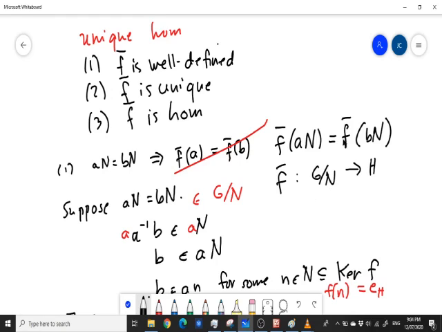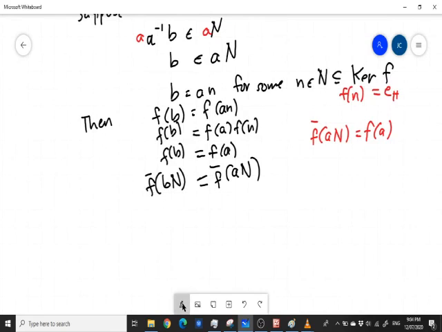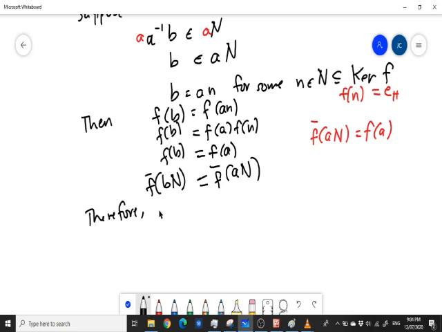We have shown that they have the same image under f bar. So well defined. Therefore, f bar is well defined. Okay, so that's for well-definedness.